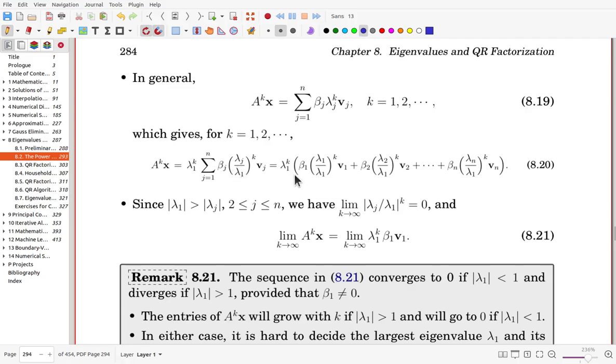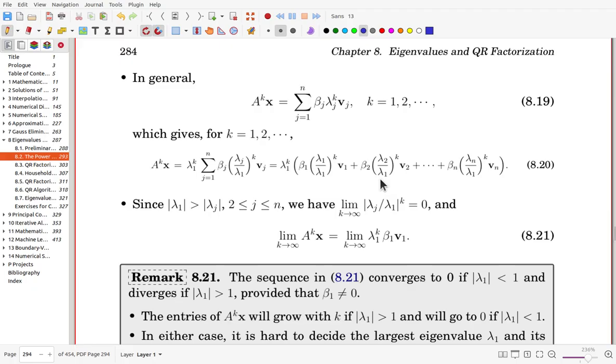Let's see the detail. Now here there is a summation, term 1, term 2, up to term n. Now this quantity lambda 1 over lambda 1 is 1, but the other ratios are smaller than 1 in modulus. We assumed lambda 1 is largest in modulus, and only lambda 1 is larger.